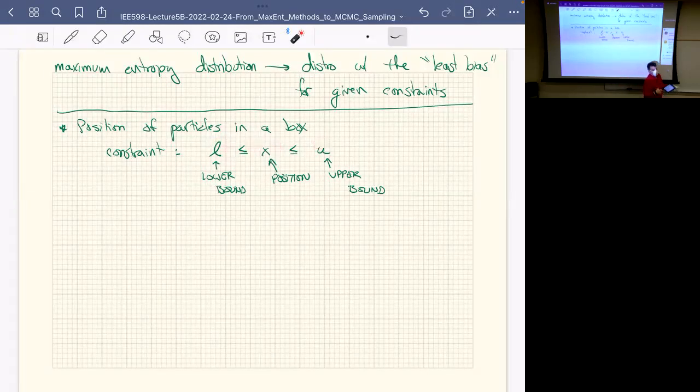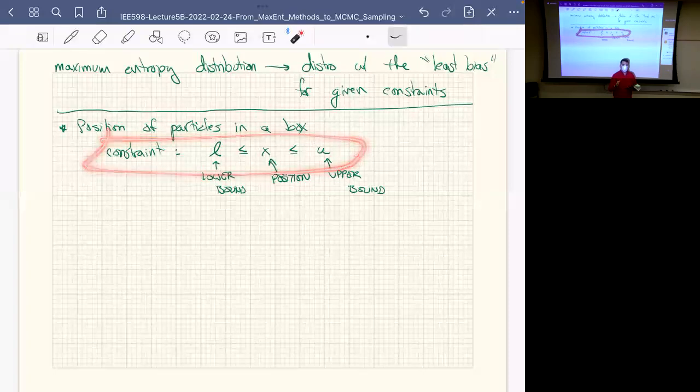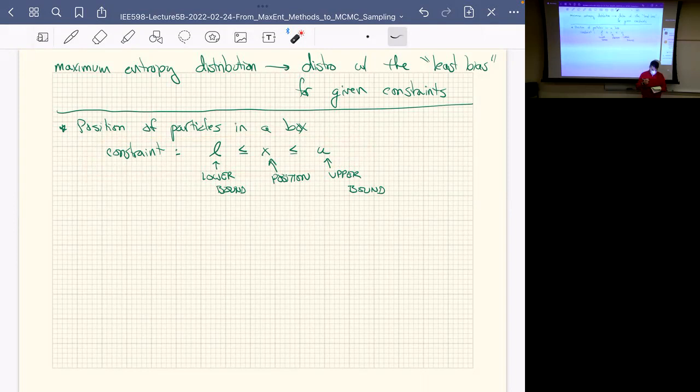My choice of that distribution may reflect more about my personal biases about where I like robots to be in the box than anything else. And somebody else comes in there and they might have their own biases and so on and so forth. So I would like to come up with a distribution that respects these constraints, but does not add any other information. And so that is the MaxEnt distribution.